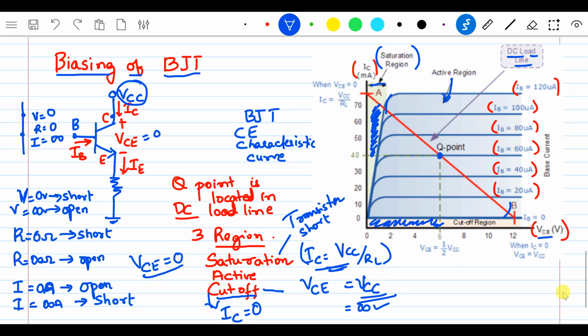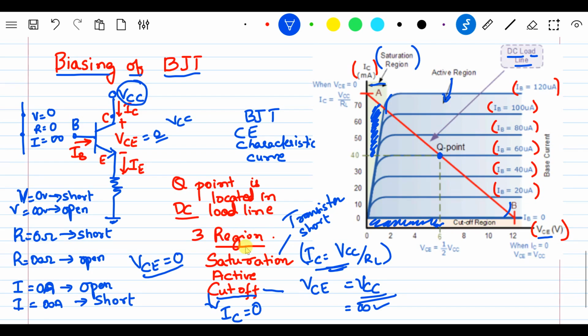And we know that when voltage is very high, your circuit will behave as open. That is the reason when voltage VCE is very high, so it is VCC now, your collector and emitter terminals will behave as an open circuit.